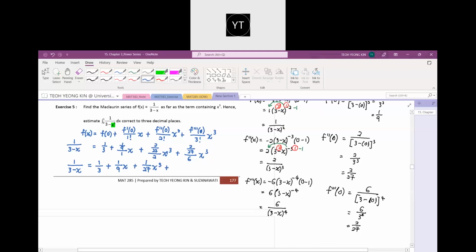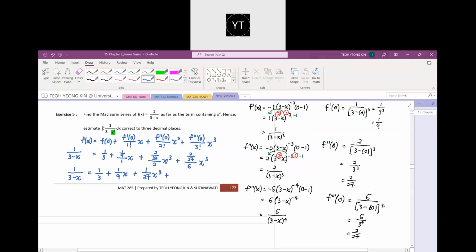Oh, this value is 2 over 27. Let's check again for this part. Negative 3. So negative 2, sorry for this part. Do I get the same value here?